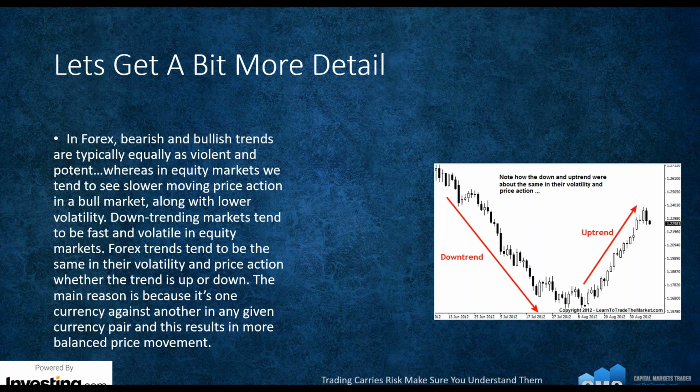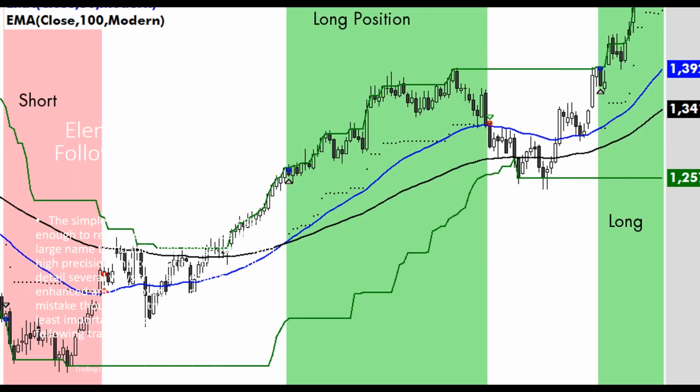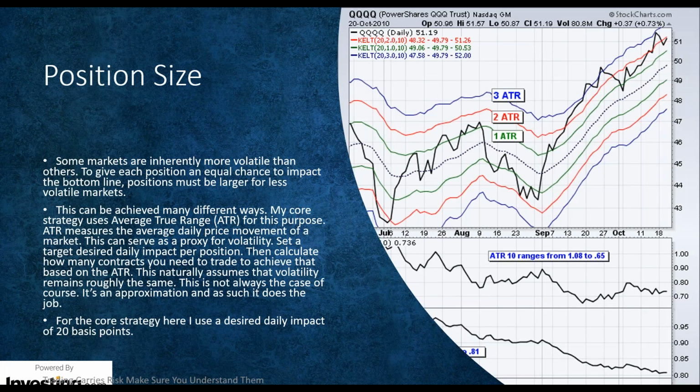So you note on the chart how the down and the uptrend were the same in their volatility and their price action. That's one of the reasons we use Fibonacci retracements, because Fibonacci retracements use the prior trend and segment it based on the next trend being equal to the previous trend.